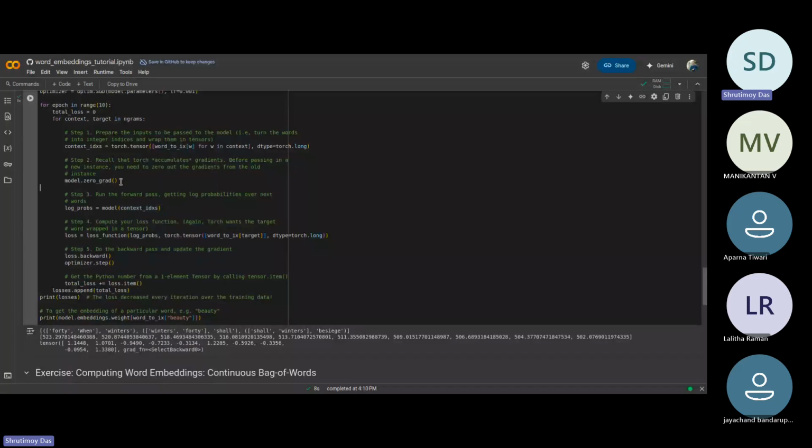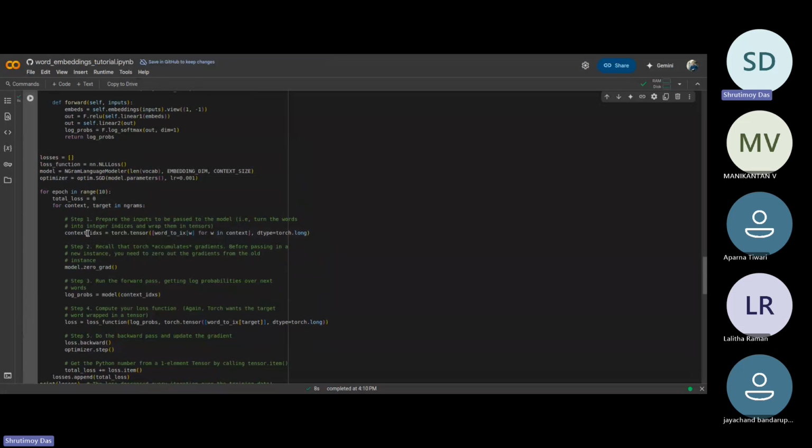So this is the mandatory step that we always have to write, zero grad. Now you have your inputs, and you pass this input to the neural network model that you define here, and get out the log probabilities.